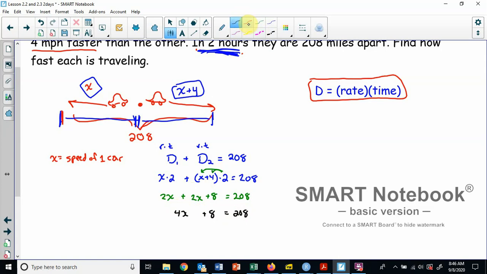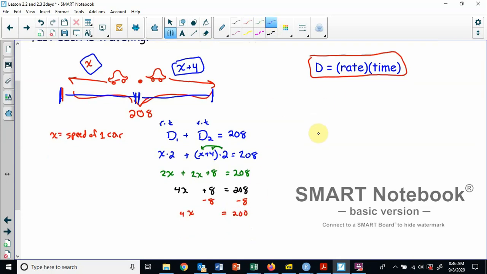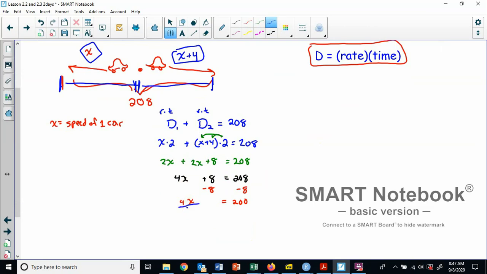And then I can solve. Subtract 8 from both sides. So 4x equals 200. And finally, divide both sides by 4. X equals 200 divided by 4 is 50.